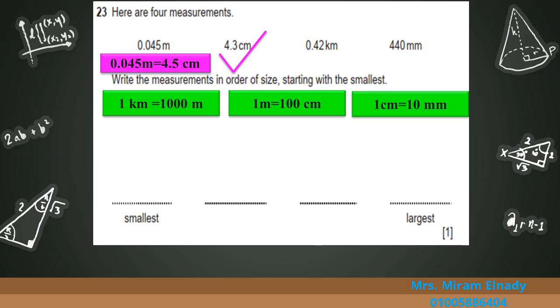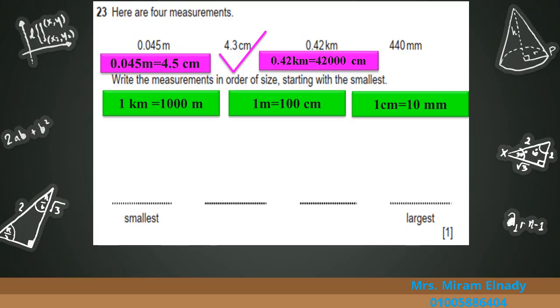We need to change 0.42 kilometer. From kilometer to centimeter there is 5 zeros, so we need to move the decimal point 5 places to the right. We will move it, so the final answer will be 42 thousand. We have 5 zeros, so the first 2 places it will be 42, and then we add the 3 zeros.